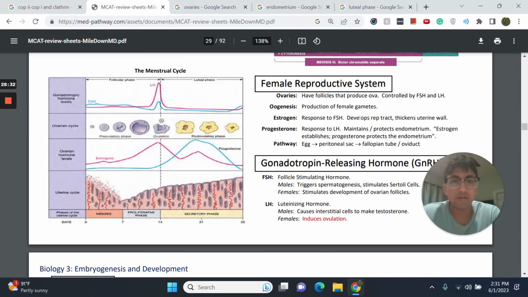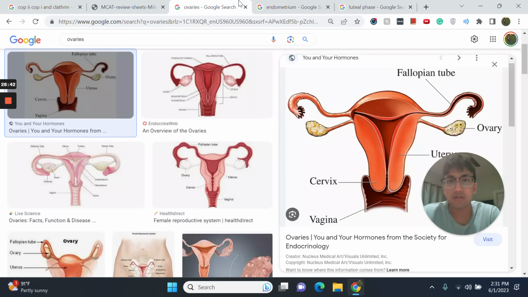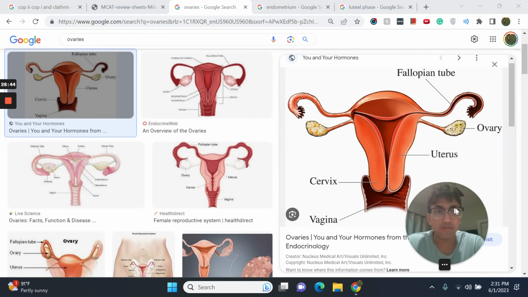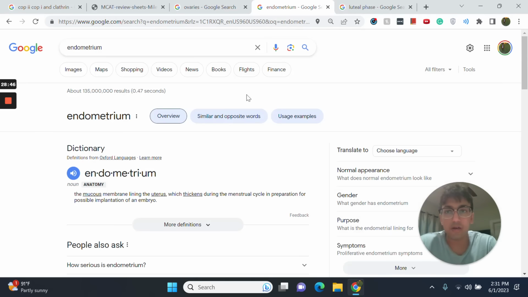Estrogen is responsible for developing the reproductive tract, and it thickens the uterine wall. And progesterone responds to LH, and it maintains and protects the endometrium. So the endometrium is the mucus membrane that lines the uterus.